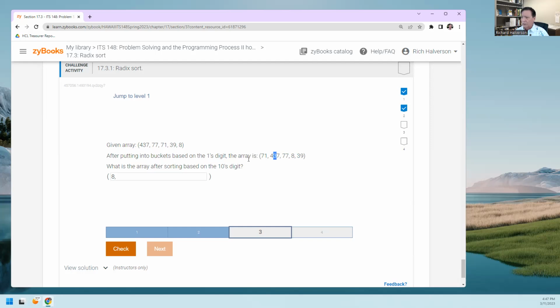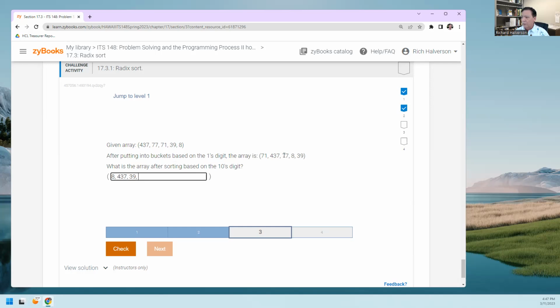We're doing the tens digit, so that would be 437, and then this 3, 39. That's done with the 3s.